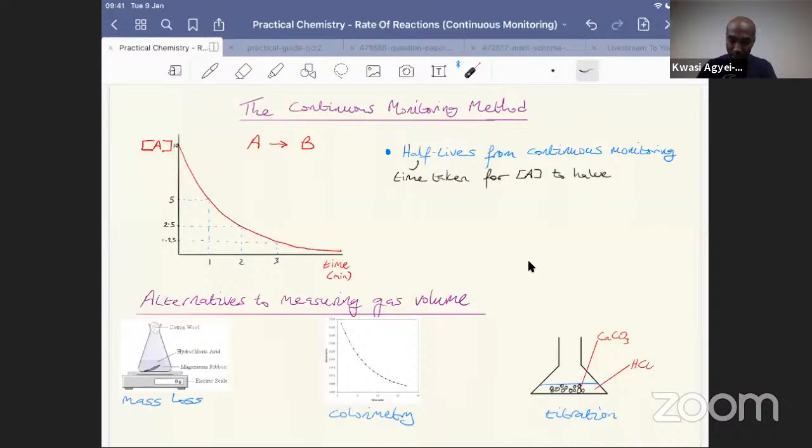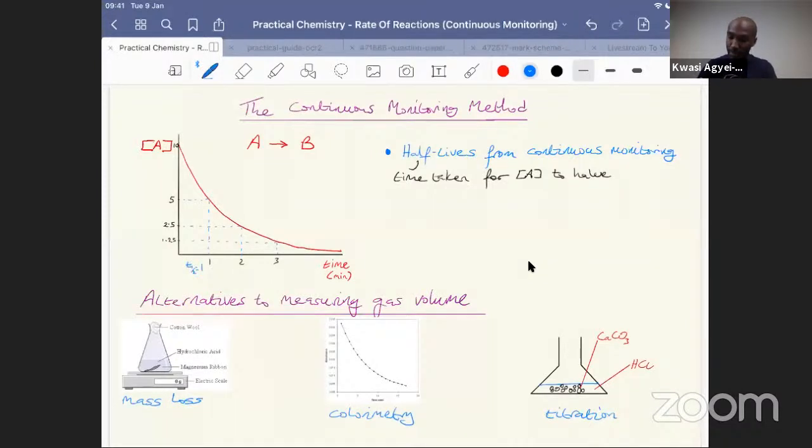So what you're going to do is draw these dotted lines to the curve and then down to the x-axis where you can read off the time. Okay, so our half-life in this instance from 10 to 5, the t half is equal to 1. And then we can ask ourselves, what is the time taken for our concentration to halve again from 5 to 2.5 this time? So half of 5 is 2.5.